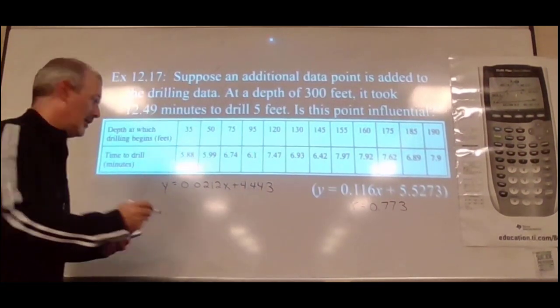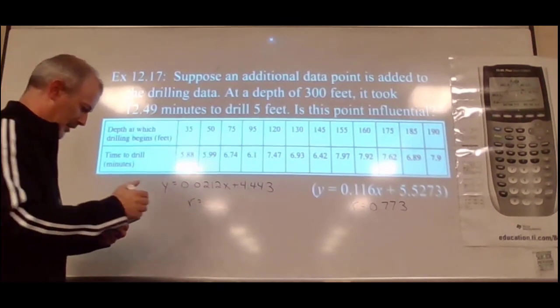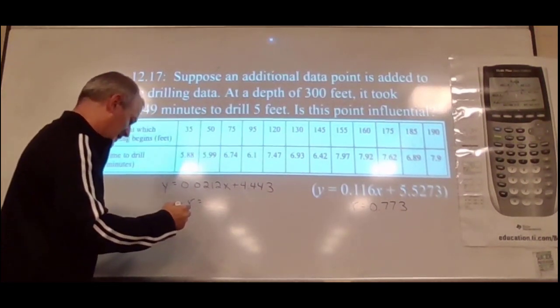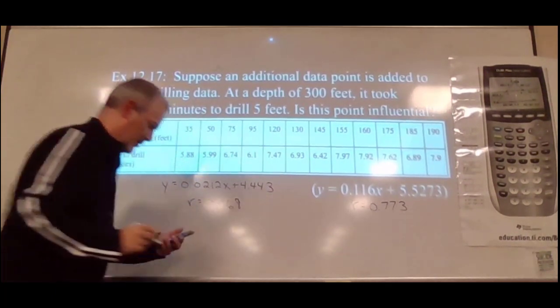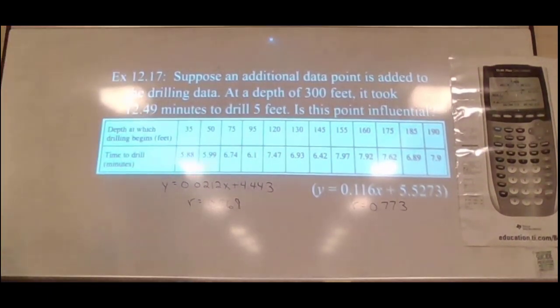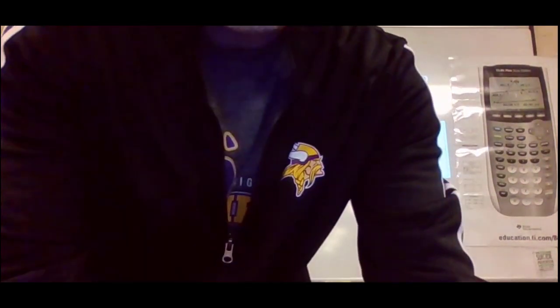So what are you guys getting? And then the R value here is 0.868 if we round it off. Does that make sense?